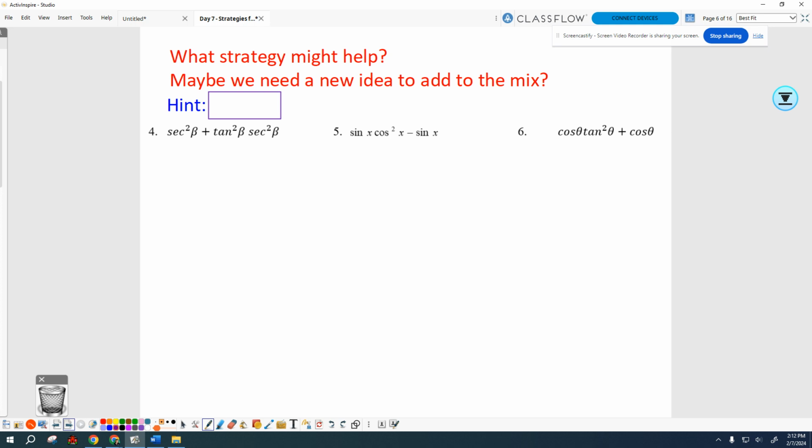So how's that going to help me here? Just do 1 over cosine squared for each one, and then turn tangent to sine over cosine. But it doesn't reduce, it doesn't go away. So the first thing was to make secant squared 1 plus tangent squared.